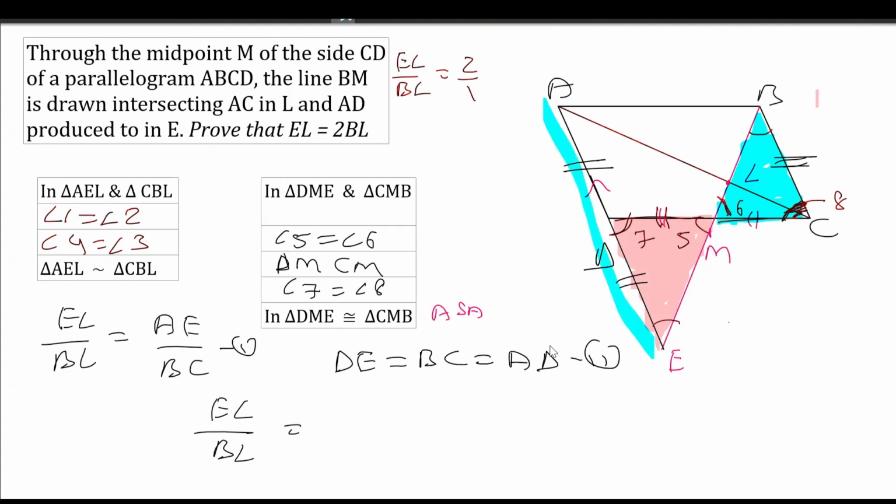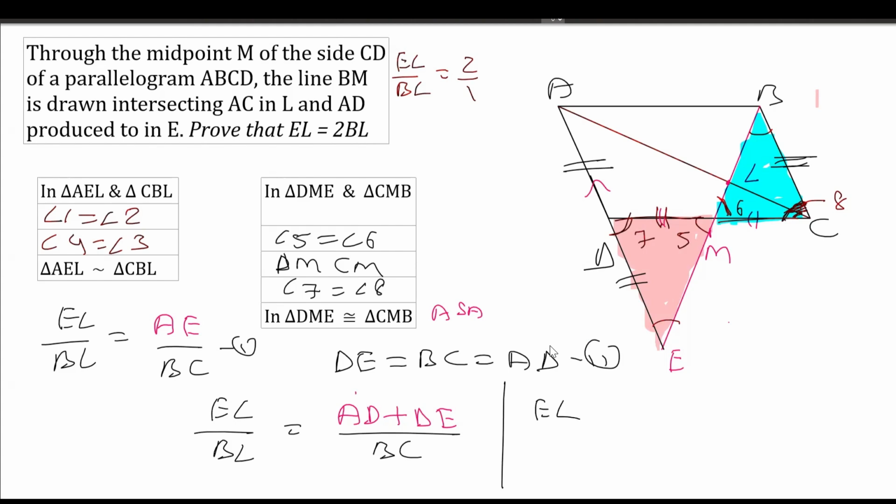AE can be split as AD plus DE. So I'm writing AE as AD plus DE, and that whole divided by BC. Let BC be BC only.